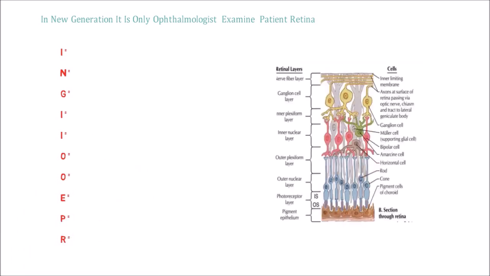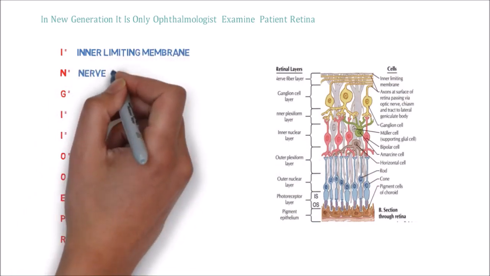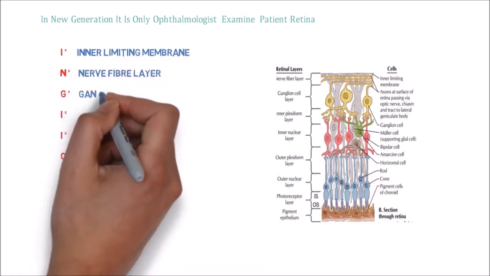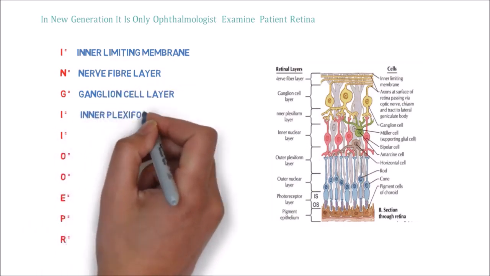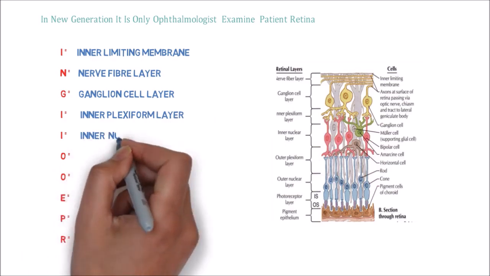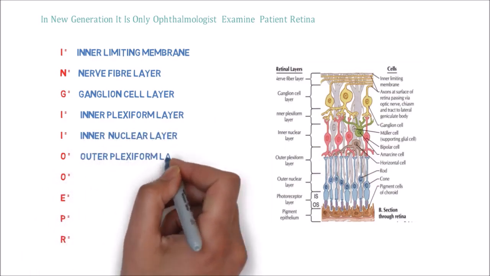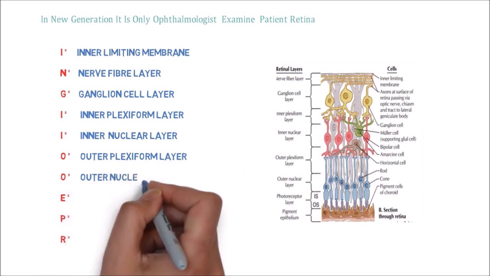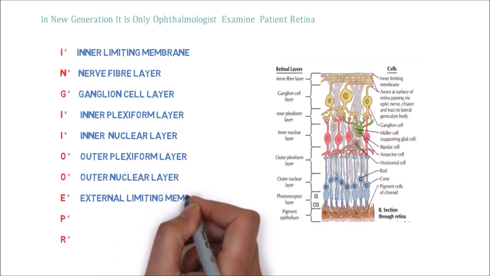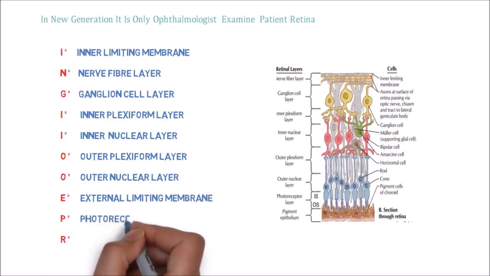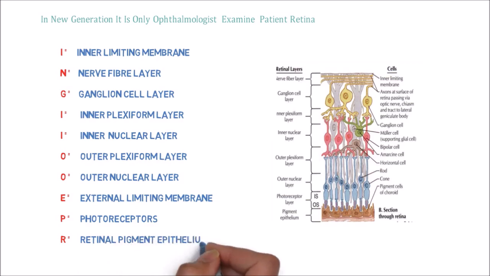I stands for inner limiting membrane, N for nerve fiber layer, G for ganglion cell layer, I for inner plexiform layer, inner nuclear layer, outer plexiform layer, outer nuclear layer, external limiting membrane, photoreceptors and retinal pigment epithelium.